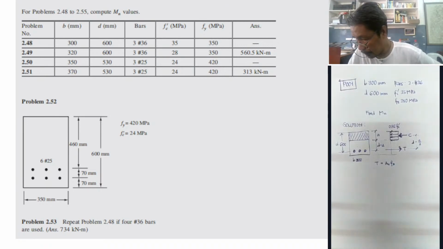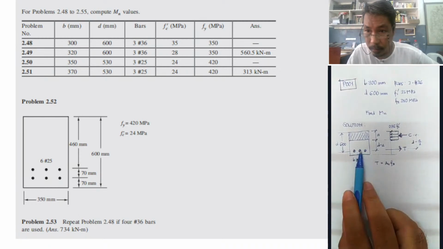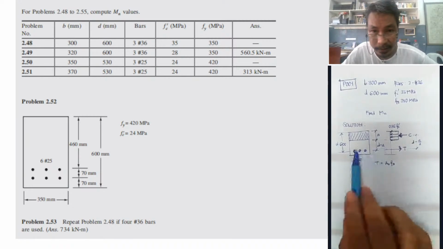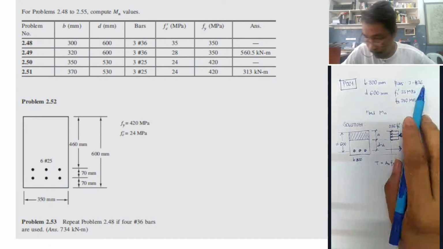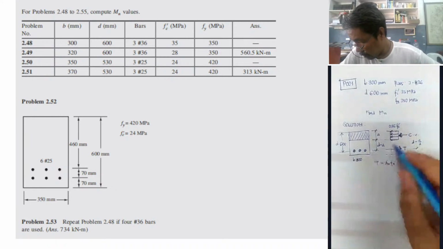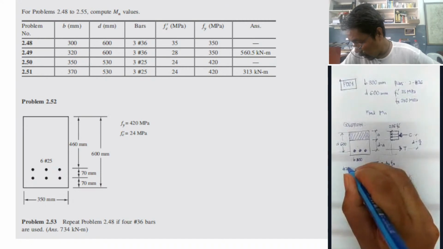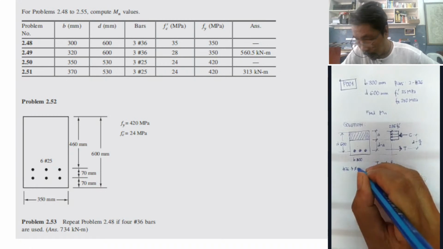For the total area, that is 3 bars. Looking at the actual bar, number 36 is actually diameter 35.8.